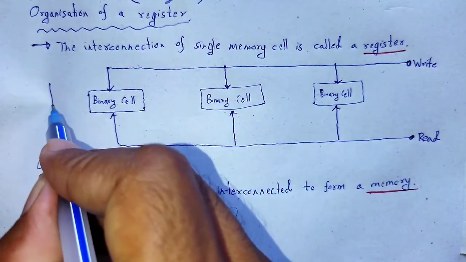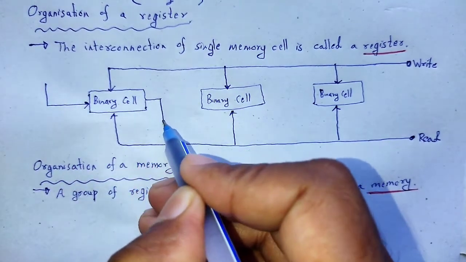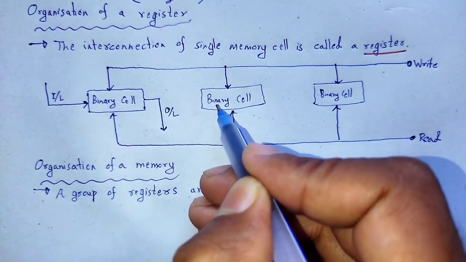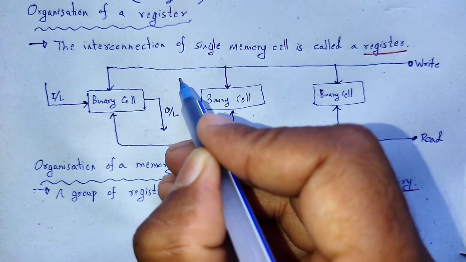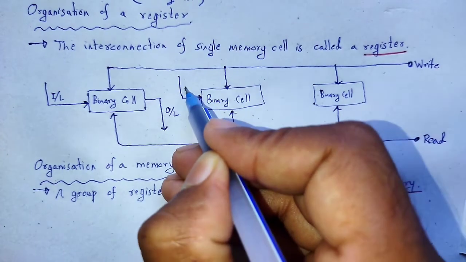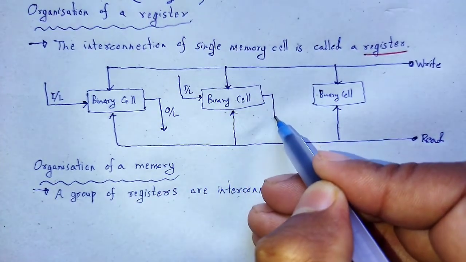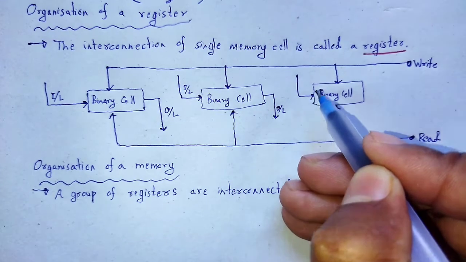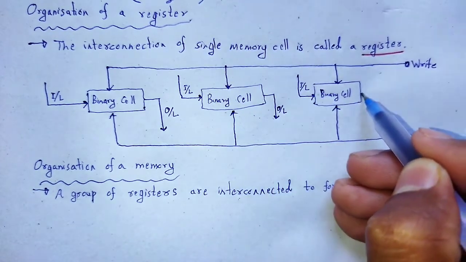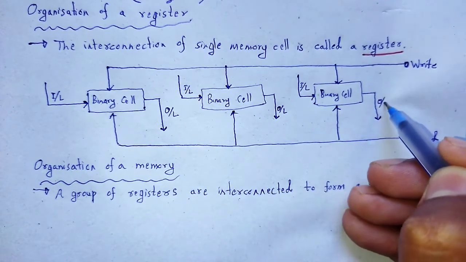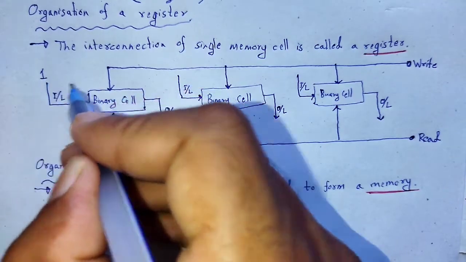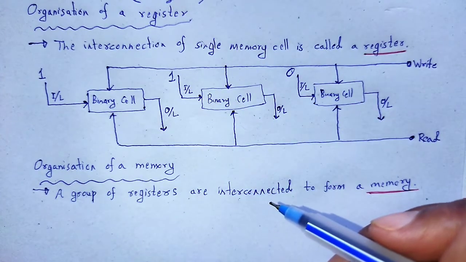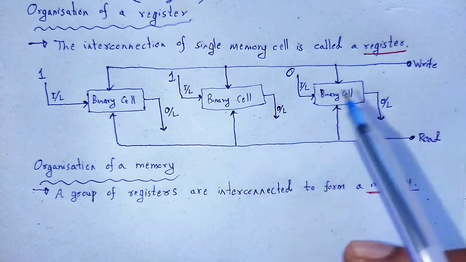Each has an input and output line. Here is the input line and the output line, then the next input line and output line, and again input line and output line. For binary data, let 1 1 0 be used.